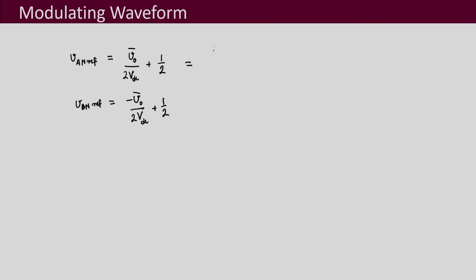And let us say your VO bar, the average or the fundamental that you need of the switched output voltage waveform, is equal to VO hat sine of omega 1 t. Omega 1 denotes that this is the fundamental.